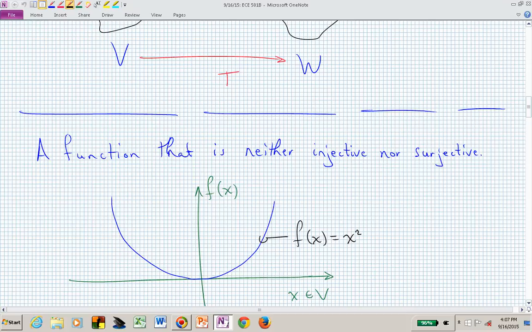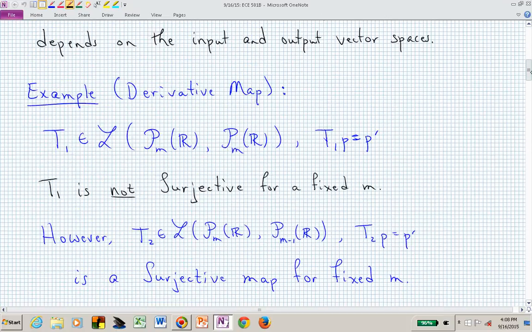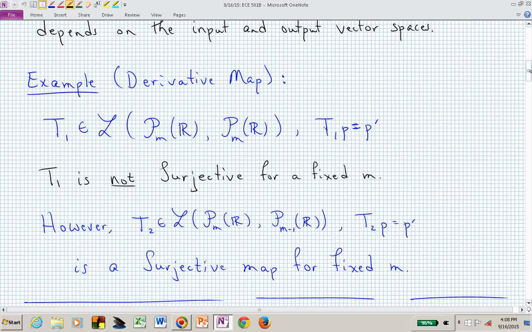Question? So in our example, we find W as being of dimension m minus 1. Would W then be considered surjective or not? I mean, it's not surjective if they're in the same map.